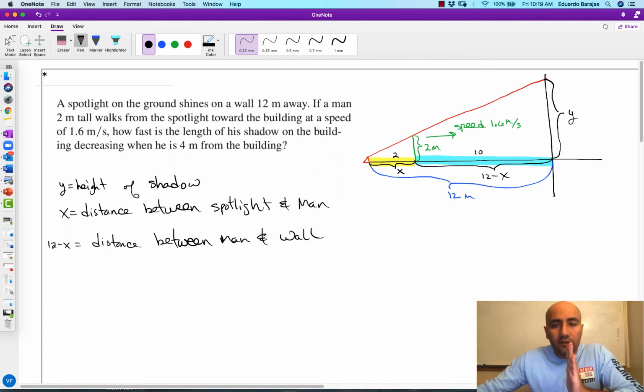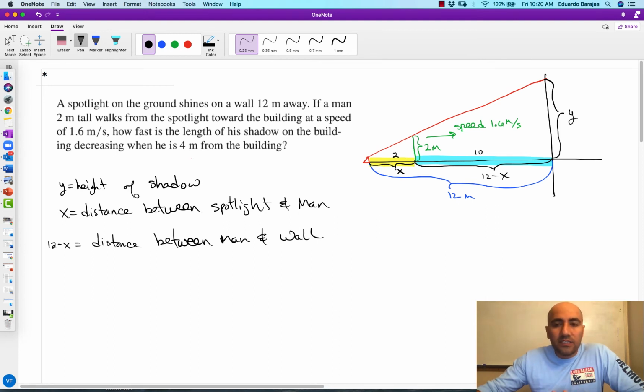So if he's standing still, those are the two values, but then as he's moving, the 2 will increase because he's walking away from the spotlight, and the distance between him and the wall will decrease because he's walking toward the wall, and the rate at which those two things change is exactly the same, right? His speed away from the spotlight is the same as his speed walking toward the wall, right? I mention that because the way I've written it here, it's more convenient to think of it as the way that x is changing.